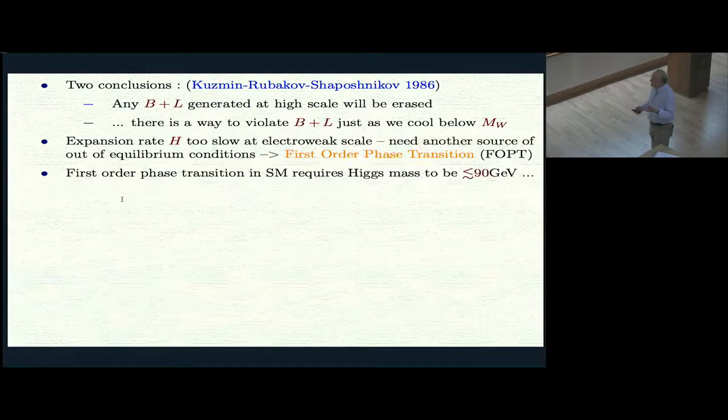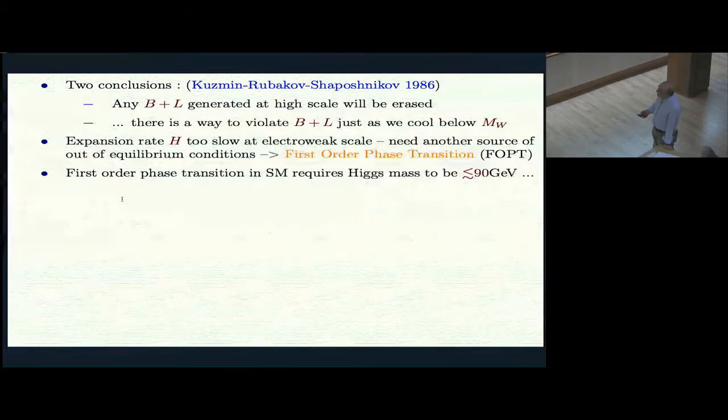And now if you are going to use this to generate B plus L asymmetry, then you cannot rely on computation with the Hubble rate of the universe, but you need a first order phase transition. You need the phase transition to produce out of equilibrium conditions.